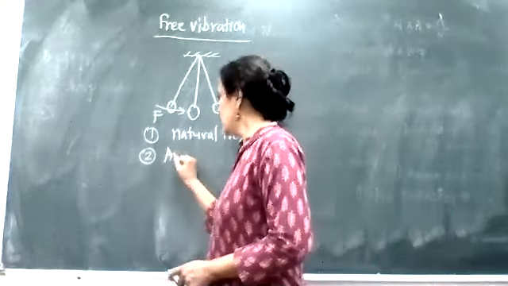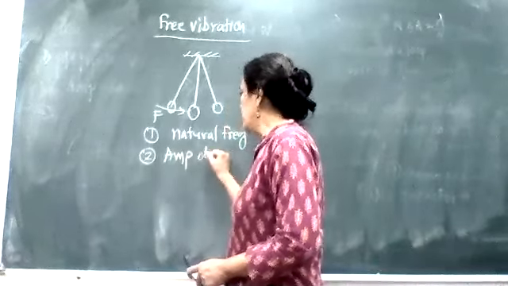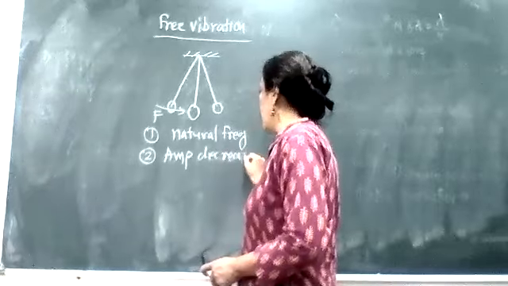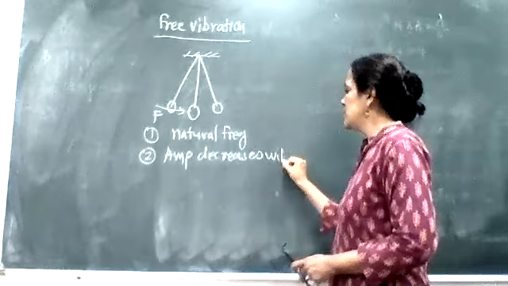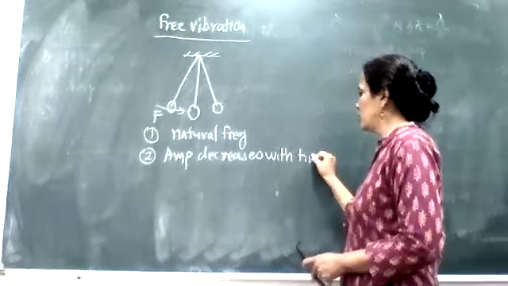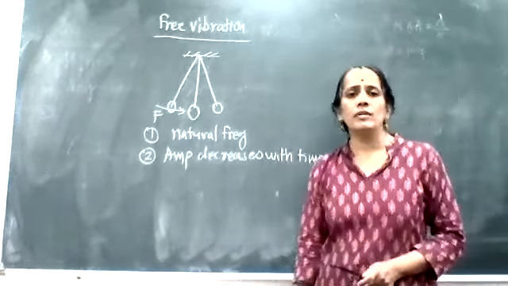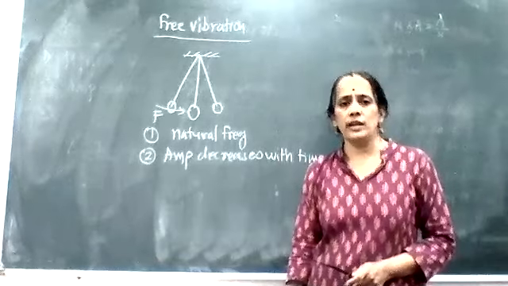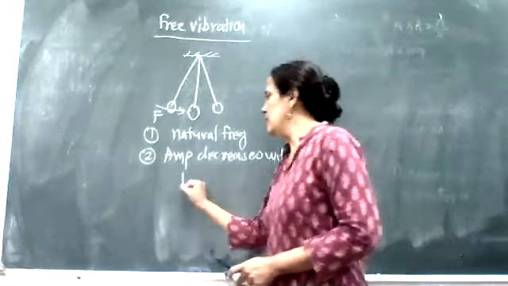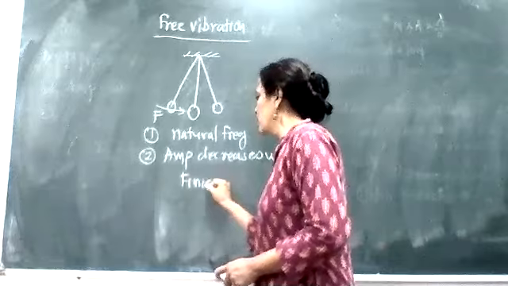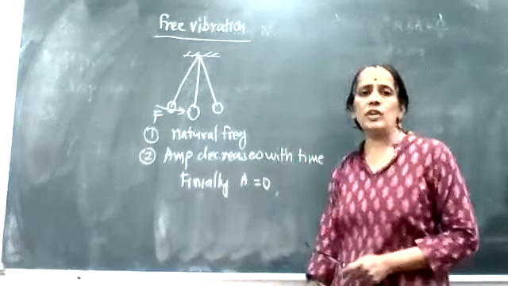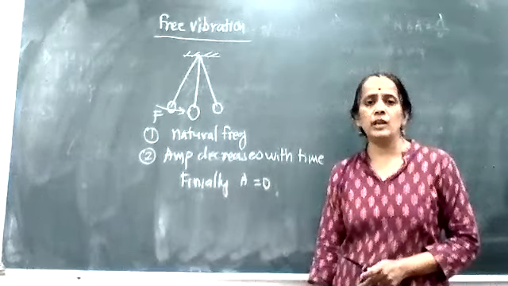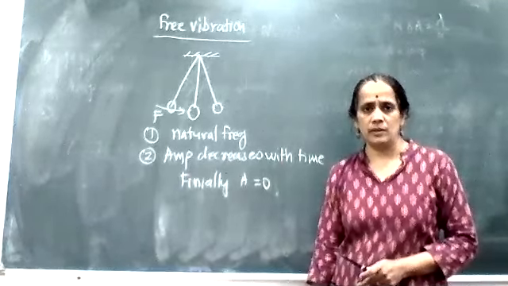The characteristic of free vibration is that amplitude decreases along with time. There is a decrement of amplitude as the time of observation increases, and finally the amplitude will become zero. The pendulum will come to rest.